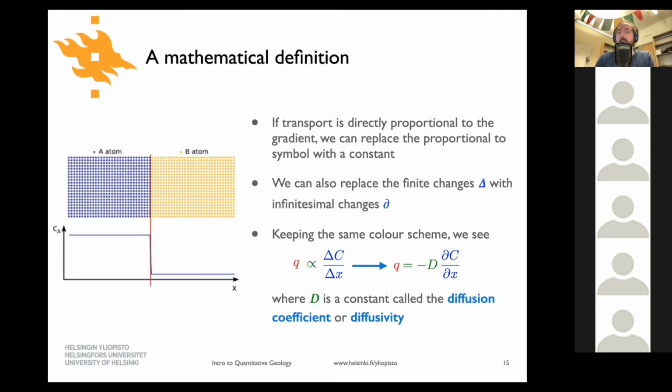So that's essentially just saying that the value of delta C gets smaller and smaller and smaller, and we represent that here with the partial derivative C over the partial derivative of X. So here delta X would be some finite difference in the distance, and the partial X would be an infinitesimally small distance between 2 points. And don't worry too much if this is not entirely familiar to you.